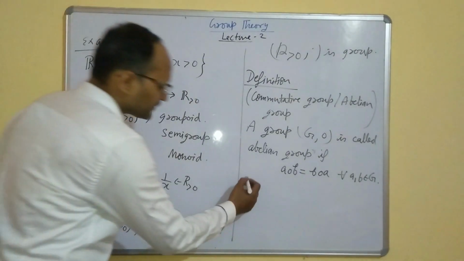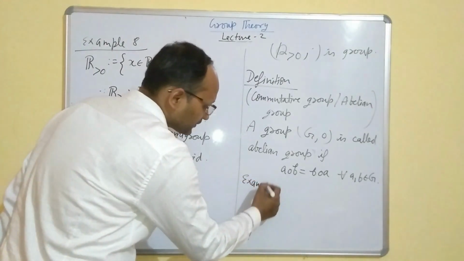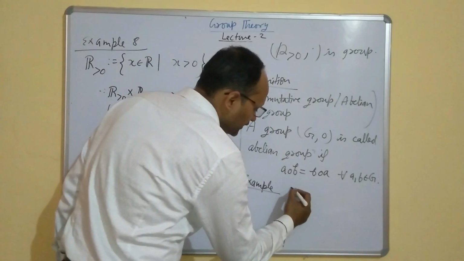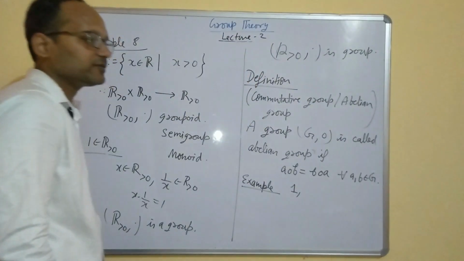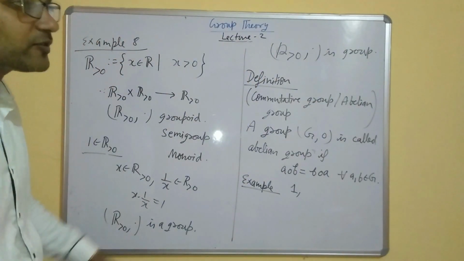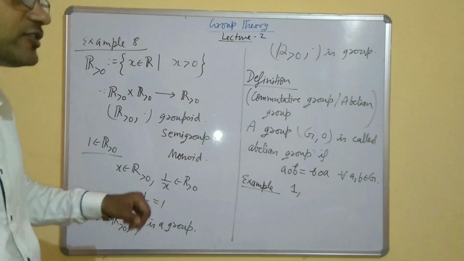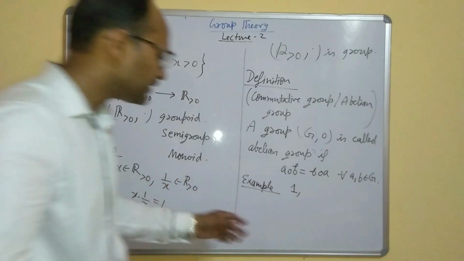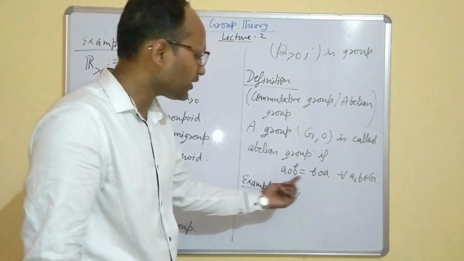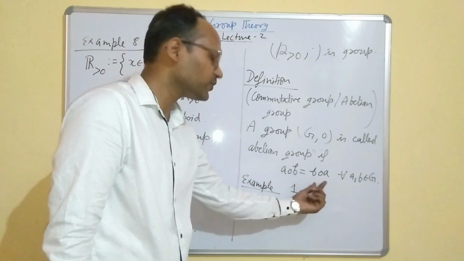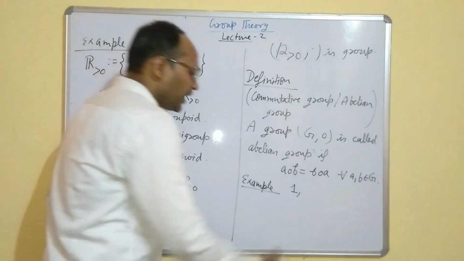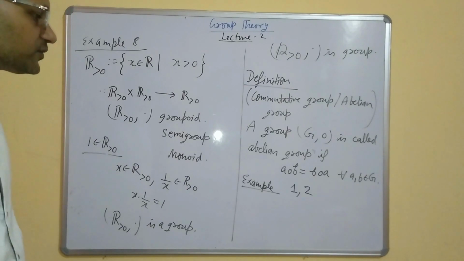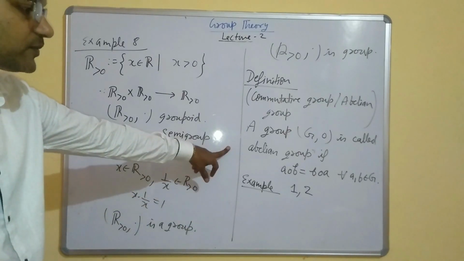For example, if you remember, all the groups of example 1 were abelian groups, because addition of real numbers, addition of complex numbers, addition of rational numbers or addition of integers all follow this rule that a plus b is equal to b plus a. All the groups of example 2 are also abelian groups.